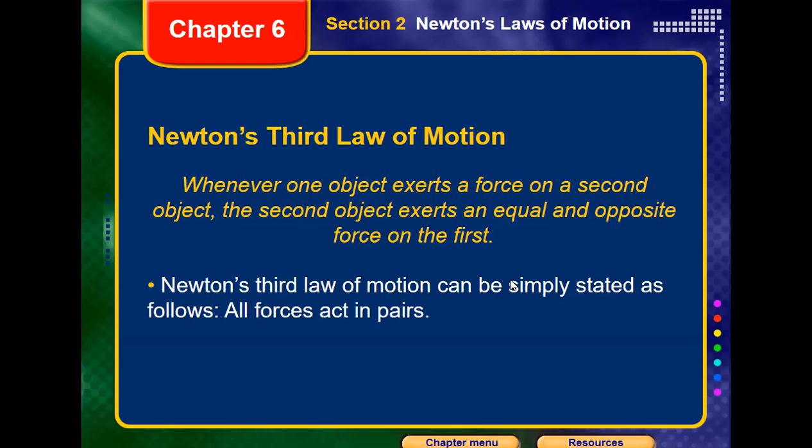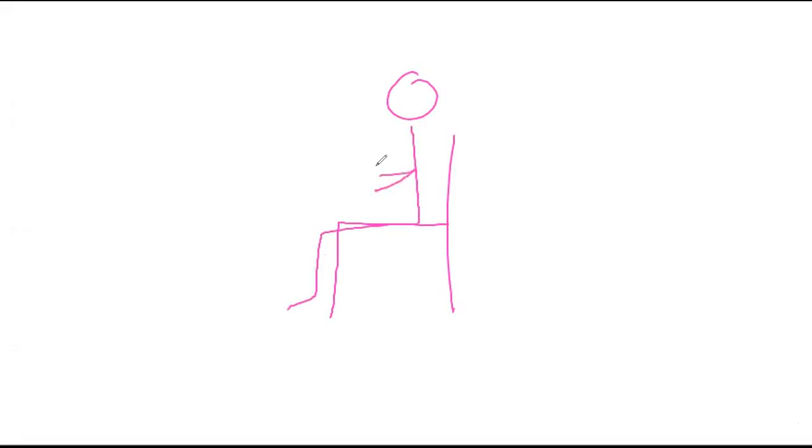We could simplify the third law by saying that all forces act in pairs. What do we mean by all forces act in pairs? Let's find that together, guys. For example, you have a chair, and you're going to sit on that chair. While you're sitting on the chair, what happens?